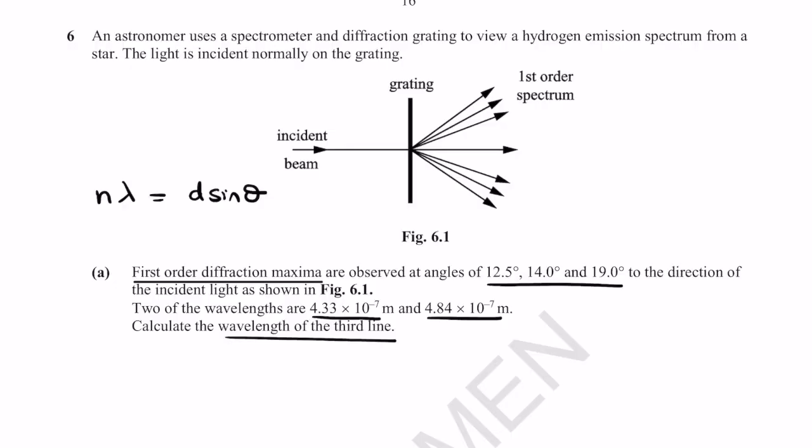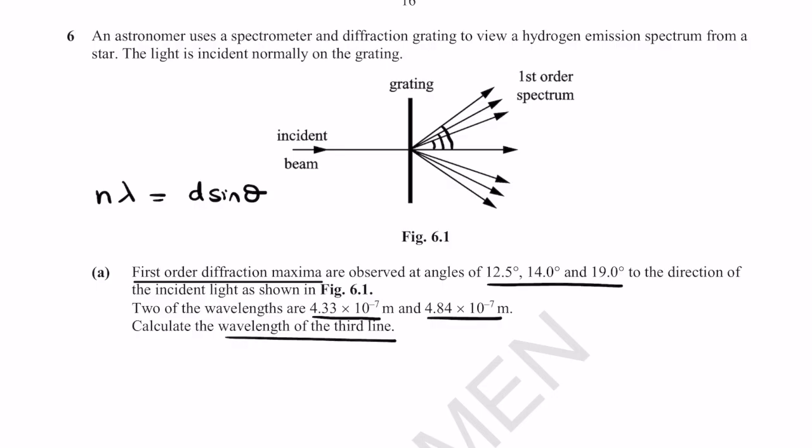Let's get started. We know that n is 1 because it's first order maxima, and if we can work out the value of d using the theta and one of the wavelengths, we can work out the final wavelength at an angle of 19 degrees. Each angle is given to us and it's increasing, so it's quite obvious which one they're referring to in this question.